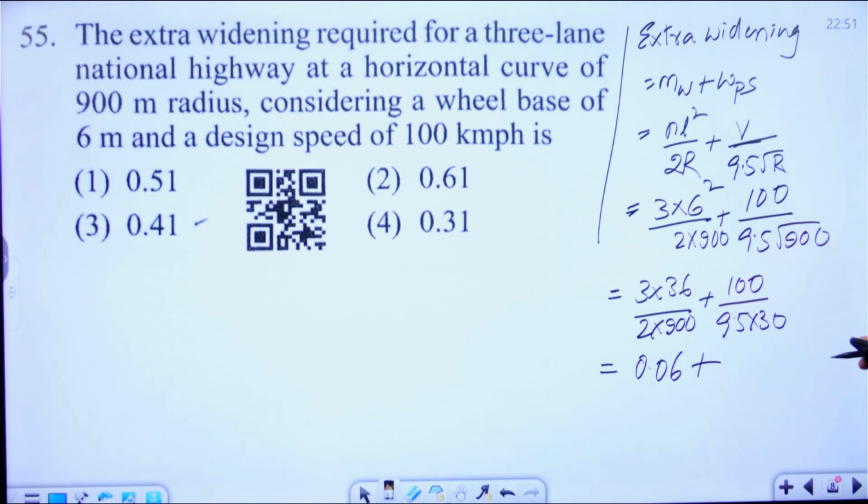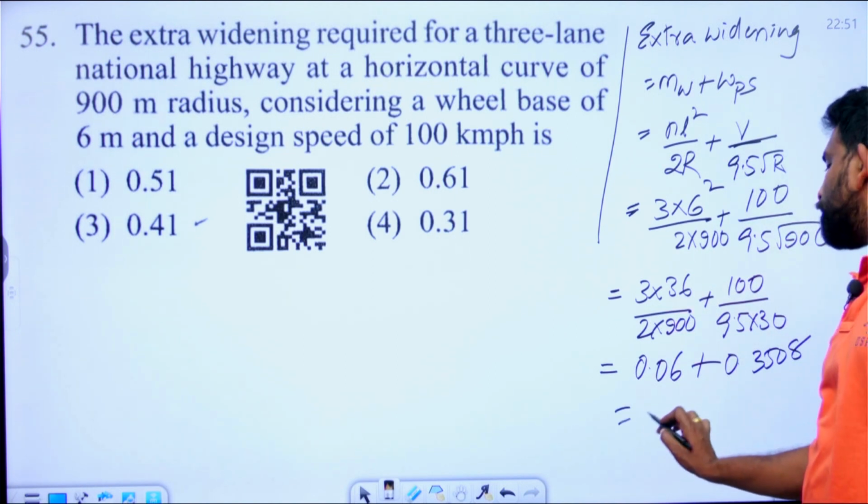And the second thing, 100 divided by 9.5 times 30. This value comes out to be 0.3508. If you add these, 0.06 and 0.3508, the value comes out to be 0.410.